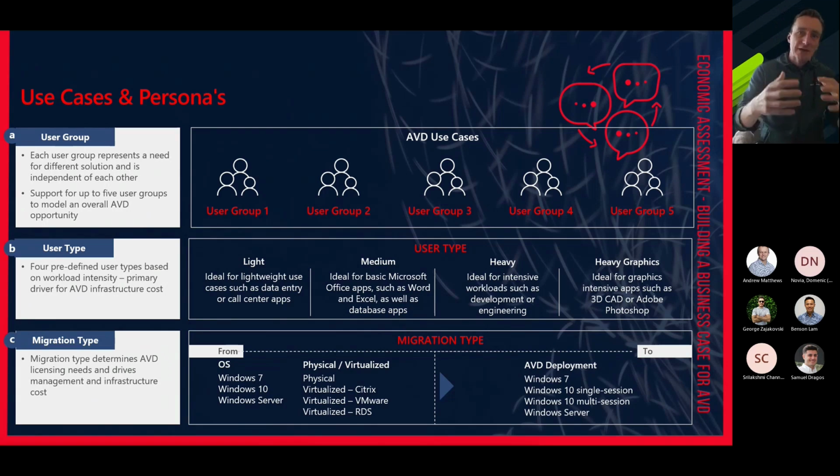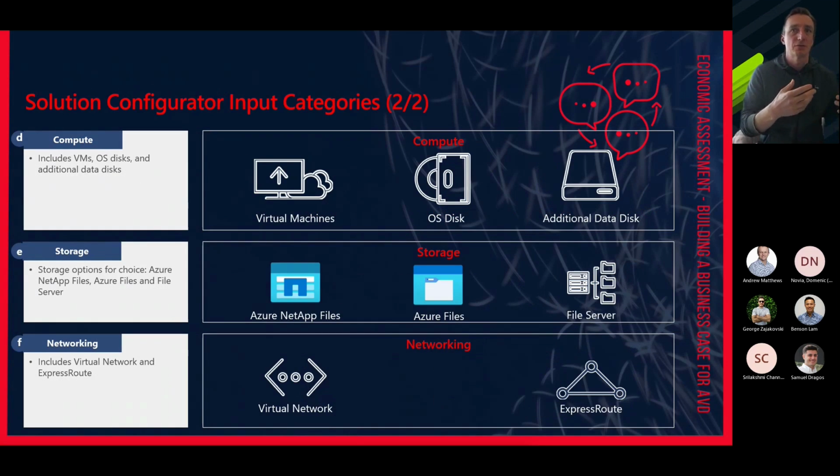So we gather all that information, and once we've gathered all that, we can start to apply that to the type of compute and storage that we need for each of those use cases. And then once we've worked out the compute and the OS disk size for the size of apps and all that type of thing, we can start to refine what our architecture will look like, and then obviously the costs associated with that.